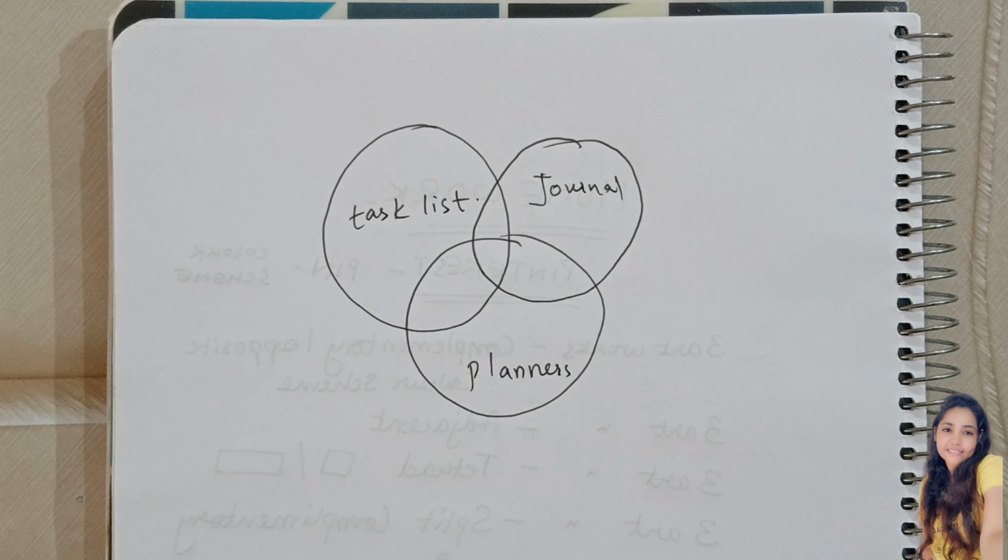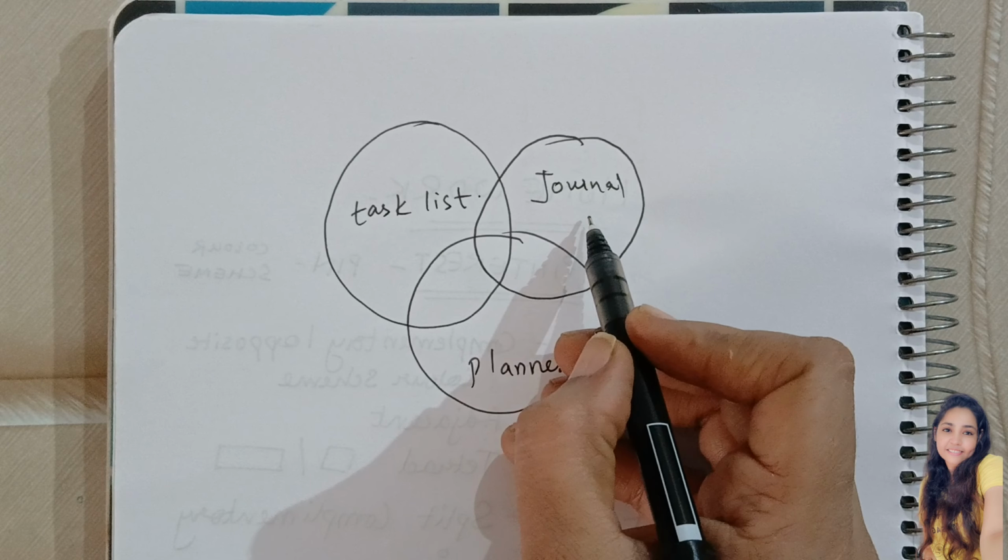How I felt in that class, what my experience in that class was. Did I get new students? Did the new student come up with some creative idea? Did I enjoy teaching those students? Did I come up with a new idea? All these things, basically the experience during that class, will come under journaling.